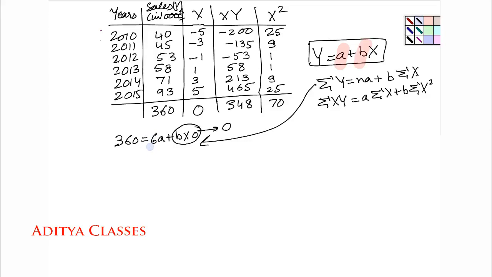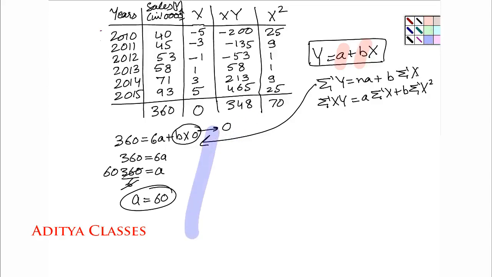So can I solve this? 360 is equal to 6a. So a becomes equal to 360 upon 6, giving me a value of 60. So my a in this case is 60.